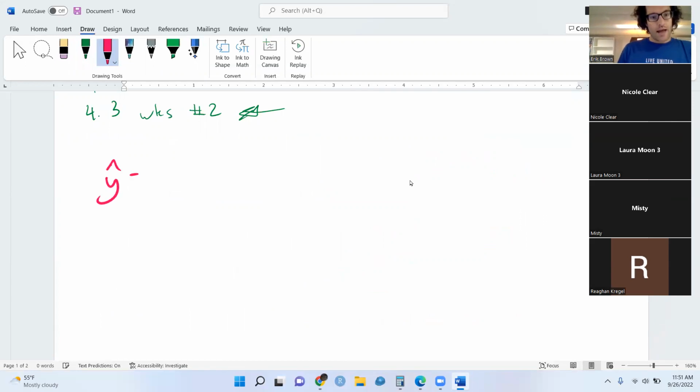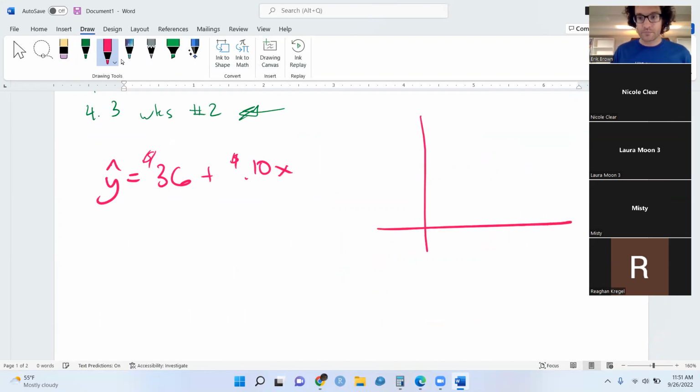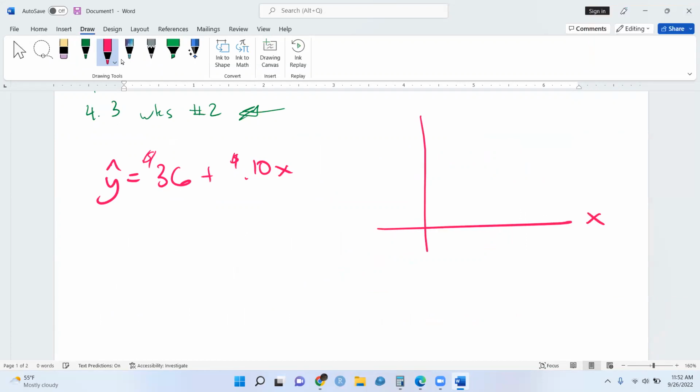Here's my equation. Y hat equals, I'll do it in the same order that StatCrunch gives it to you. $36 plus, let's do it like this, plus 10 cents times X. I'm going to do a graph to give you what X and Y represent. So X is pieces. Of course, I'm going to do Legos. How could I do anything else? How do you spell pieces?